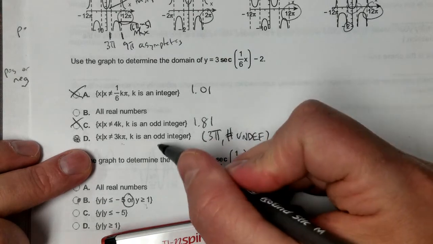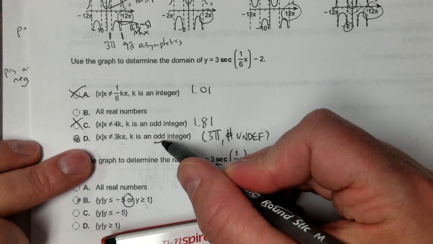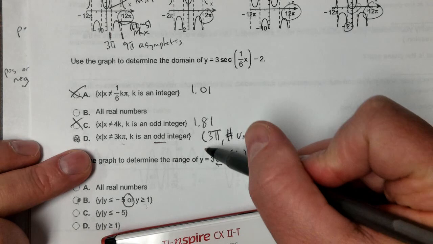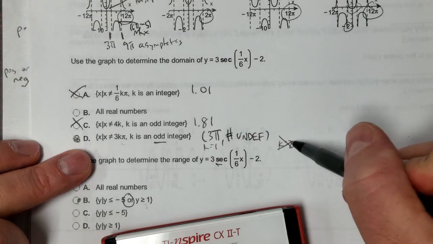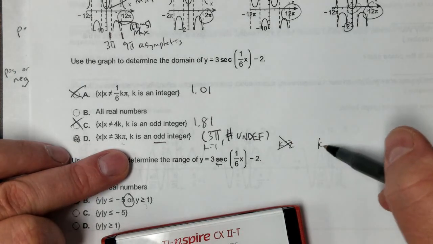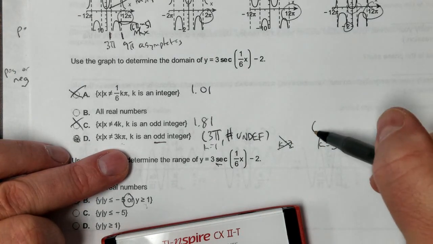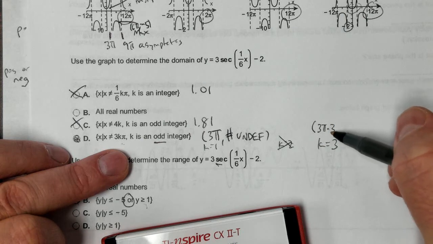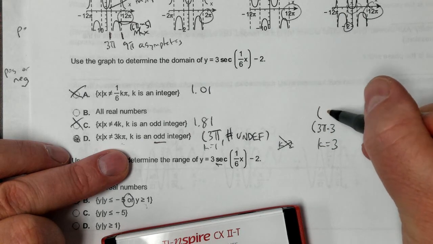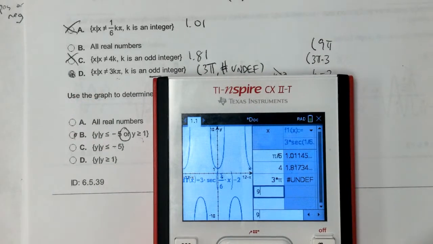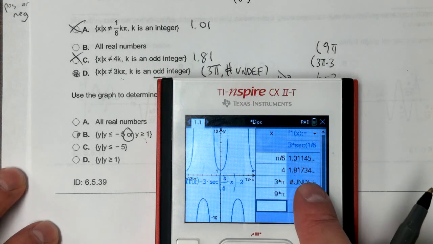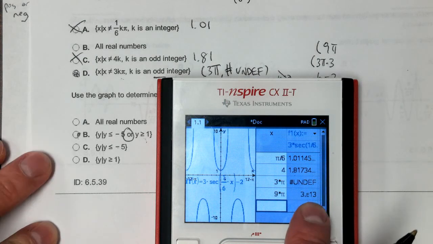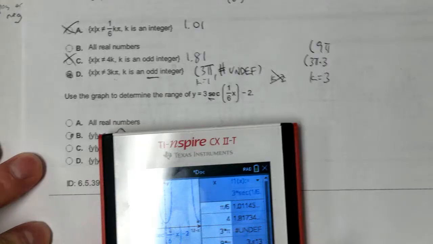Also, just reminding you, check inside here, it says odd. So that was when k was 1. We don't need when k is 2 because 2 is not odd. So then when k was 3, it would be 3 pi times 3, which is actually 9 pi. Okay, so here's a very good example where it doesn't say hashtag undefined, but you need to interpret it that way.